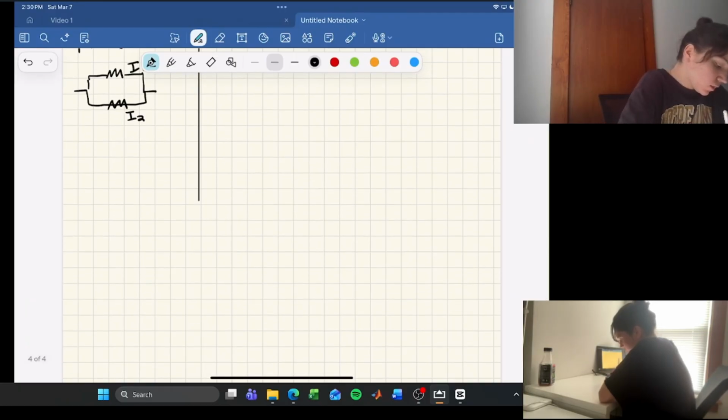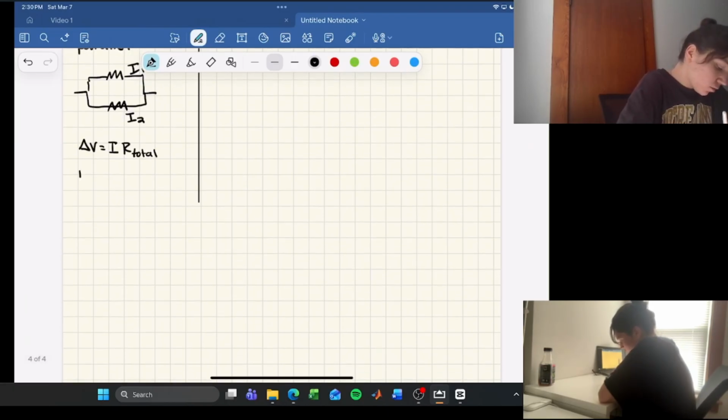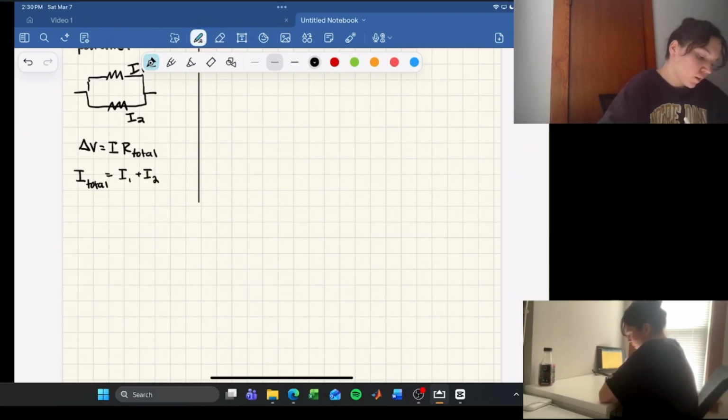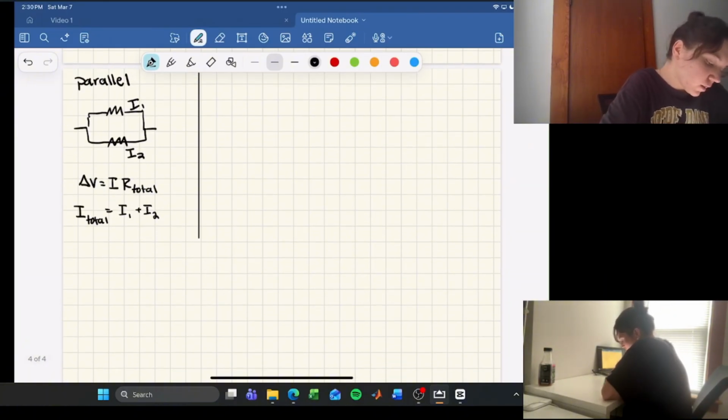And so this is still the change in voltage equal to the current times the total resistance. And then the total current is I1 plus I2.